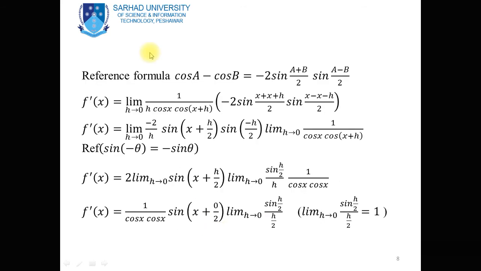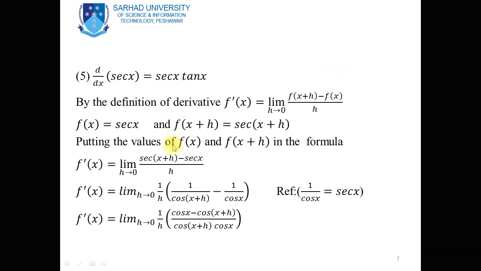Now again using the formula cos a minus cos b is equal to minus 2 sine of a plus b divided by 2, and sine of a minus b divided by 2. In this expression, a represents x and b represents x plus h.